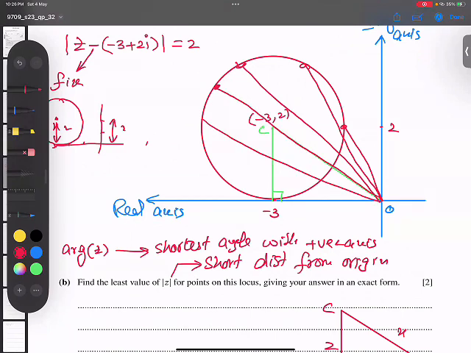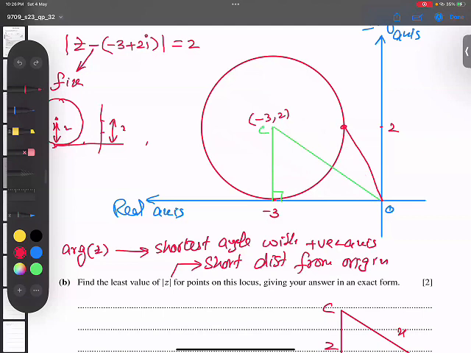Where is the shortest? Naturally it is here, there's a point P. This point is the closest to the origin, and this is our target. This gap I need to calculate.